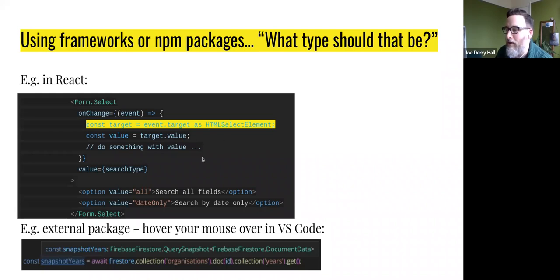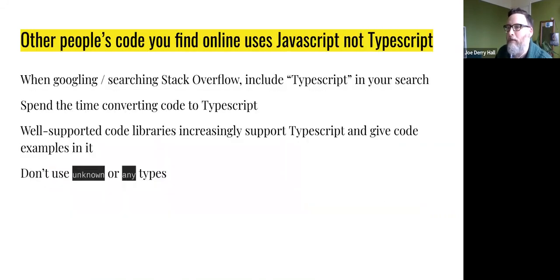This is an example of an event in React, if you're using React. Often if you're using external packages within VS Code, hover your mouse and it will point you to where they're defining their types, and you can search for those within their code package. I know I skipped those briefly, but I'll leave you with them.